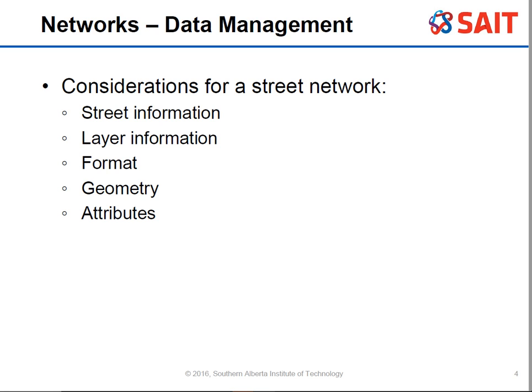That could be anything to do with the name of it, any information that might be important to it, usually the name, and of course, location of it, etc. Then you know the layer information, so what have you set up with it, so who created that layer, etc. The format, so shapefile, not shapefile, whatever it is, some other format that you bring in.